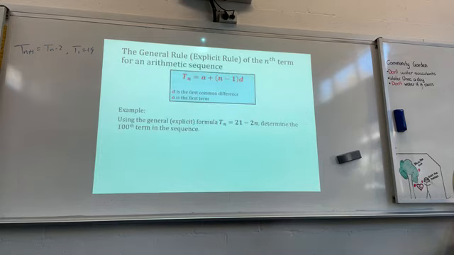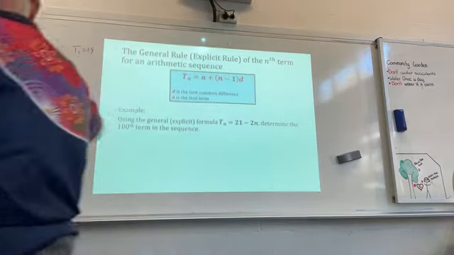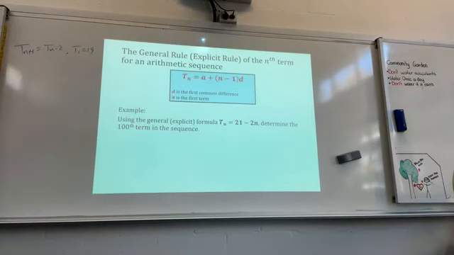So the general rule of the nth term of an arithmetic sequence is therefore Tn equals a plus n minus 1 times d. Alright? Where d is the first common difference and a is the first term. So it's actually inbuilt.